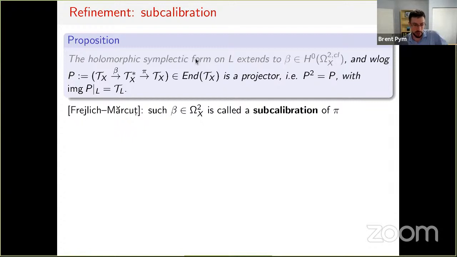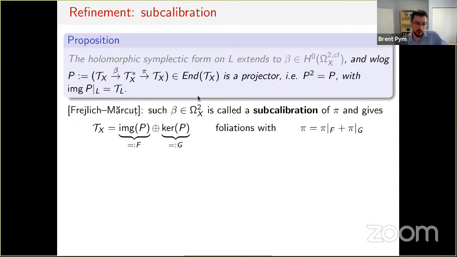So I'm going to explain the proof of this proposition, but let me first explain why this notion of a subcalibration is important. Because this operator is a projector, it gives a splitting of the tangent bundle into the image and the kernel, which are complementary subbundles.